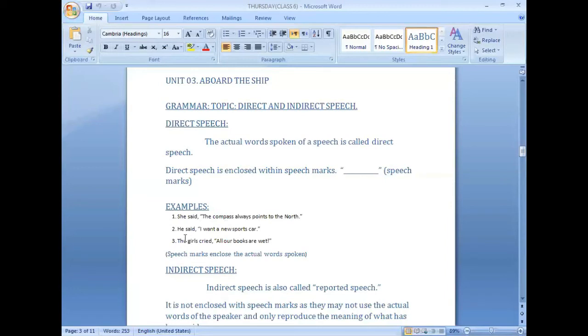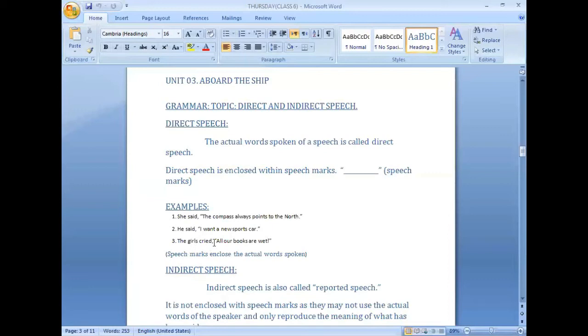Now number two, he said, "I want a new sports car." When he is saying, he will represent himself as I. The pronoun he is a boy, but when he is speaking, he will say, I want a new sports car. Number three, the girls cried.